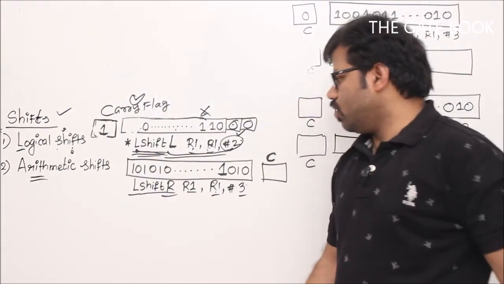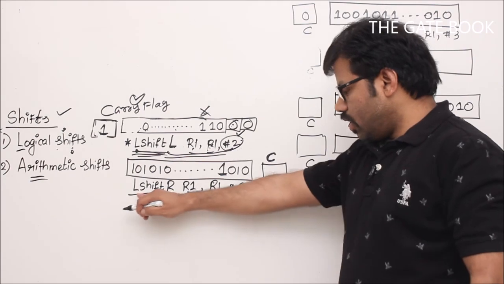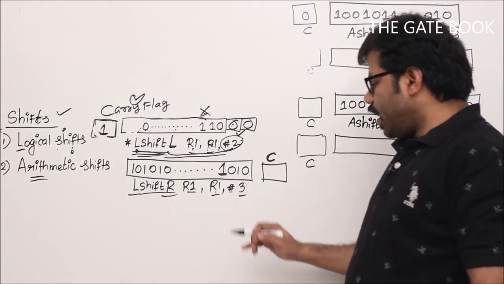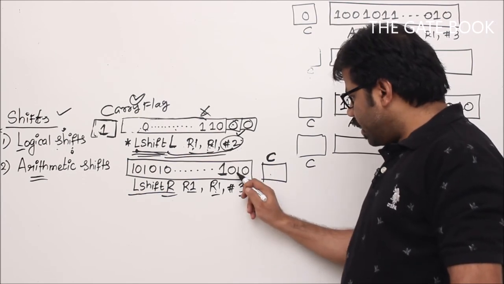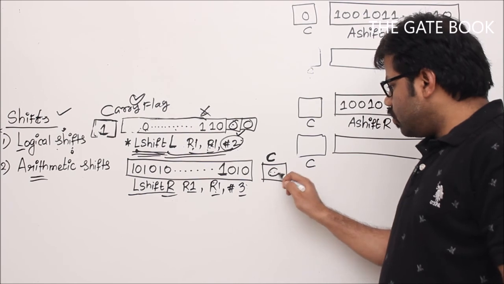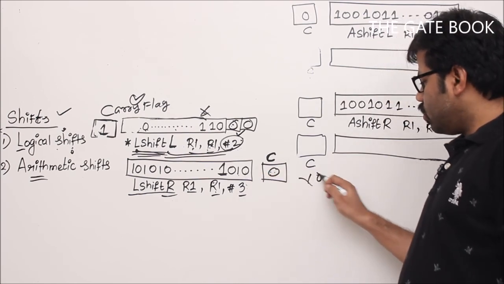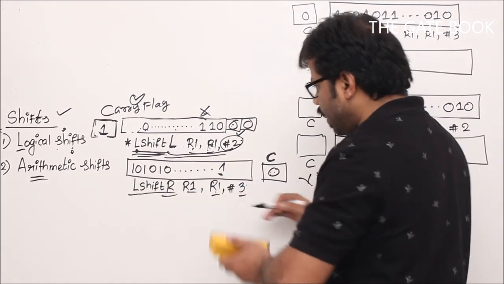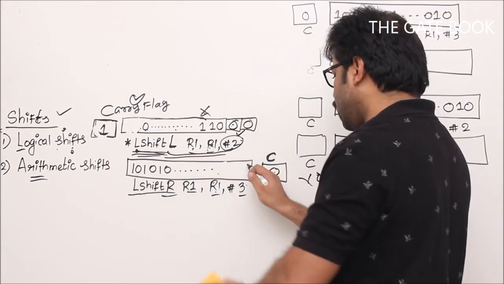Similarly here also, let us do left shift, logical shift of R1, R1 has 3. So 3 times. Then this 0 comes here, next time 1 comes here, next time 0 comes here. Okay. Finally 0 comes here, this 1 0 will go out. So they are gone. Now when these are shifted like this, entire thing by 3, then 1 comes here.